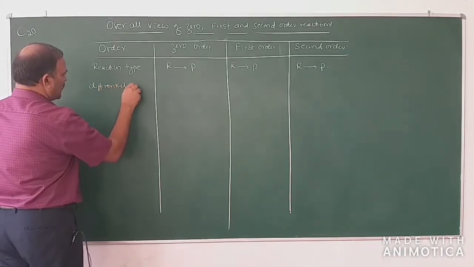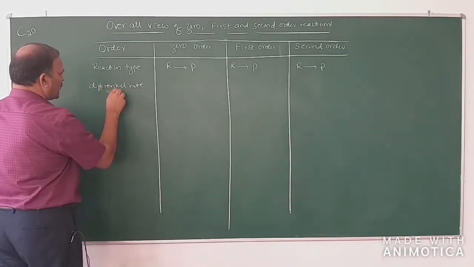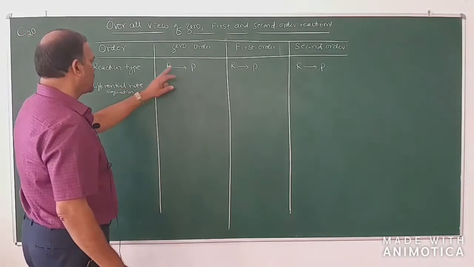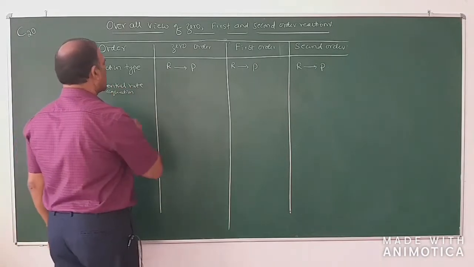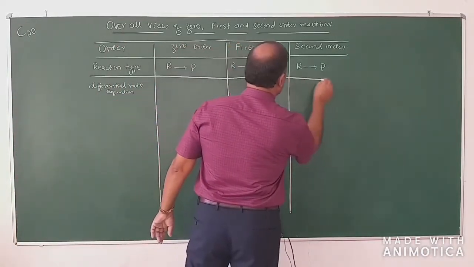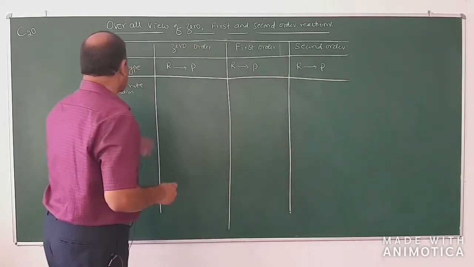Differential rate equation. So what is the difference? These are all the general reactions of the type R gives P. What is the differential rate equation?